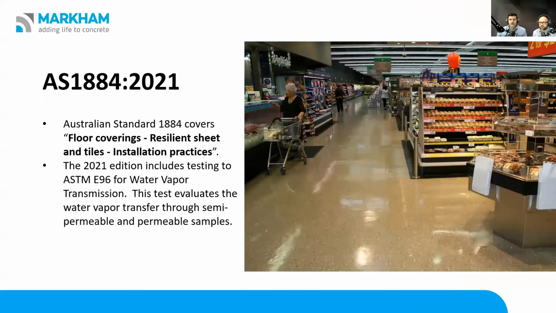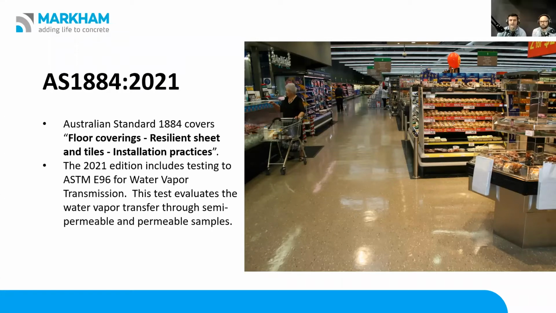We'll just go on a little bit on the standard that covers this. So obviously with the moisture and the concrete, there's a standard for this, and as Wade's briefly touched on, that's the AS 1884 standard, recently updated back in 2021. So there's a few little changes to this, which is one of the reasons we've brought out our FLOOR-TECT systems, to make sure that it still applies with these latest updates.